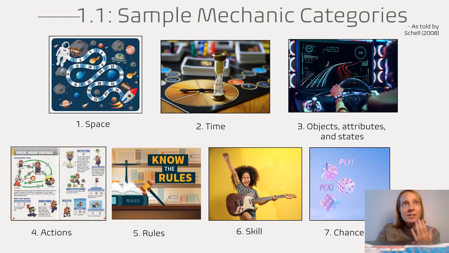So Schell recommends asking yourself when you're thinking about chance: is your game really random, or are there parts that just feel random? Does the randomness give players positive feelings, or does it give them negative feelings of hopelessness or lack of control? If you're doing a really strategic game, later on we'll talk about bowling.